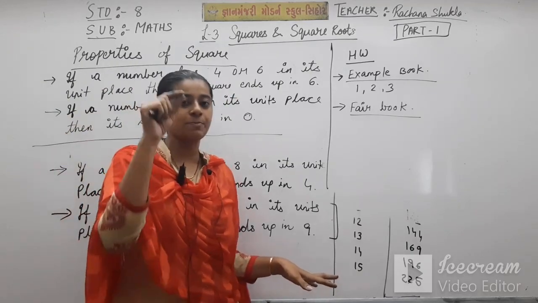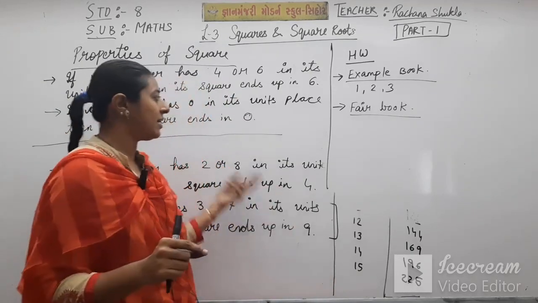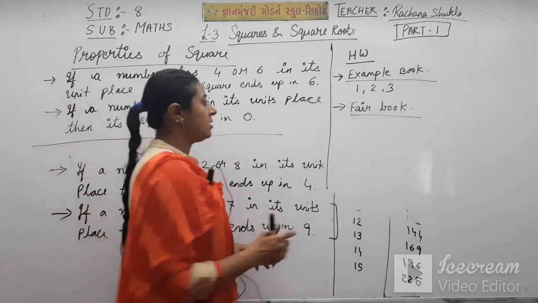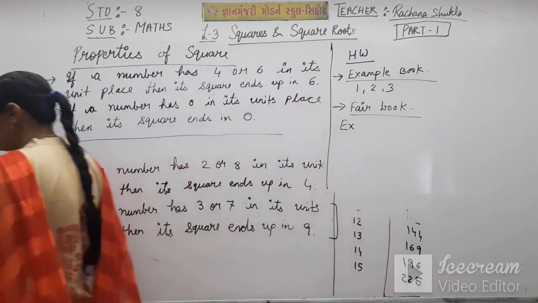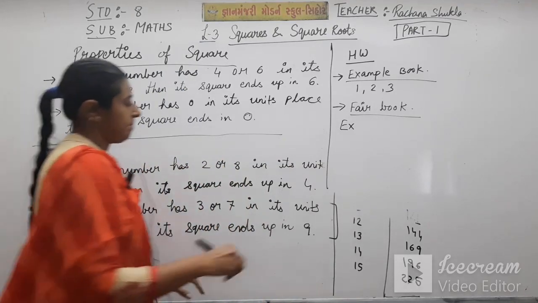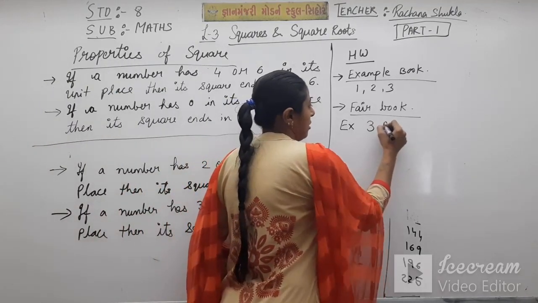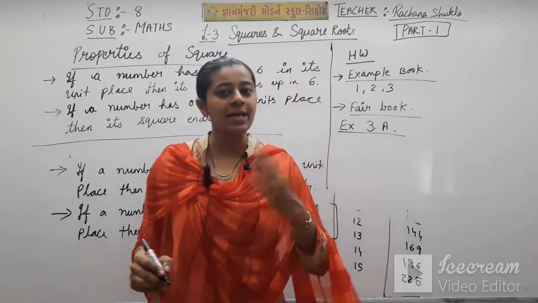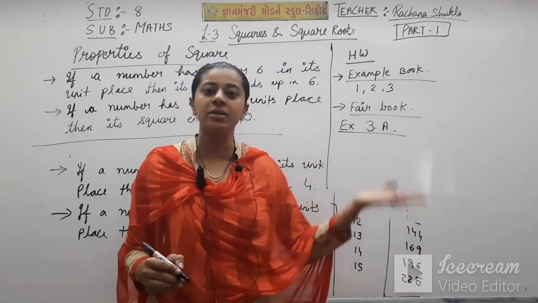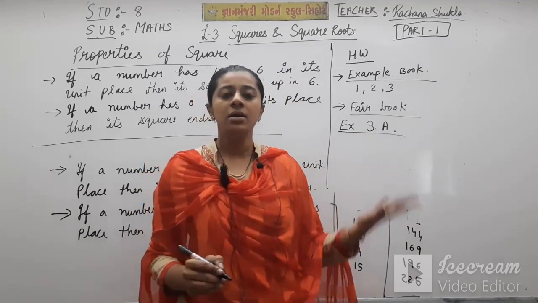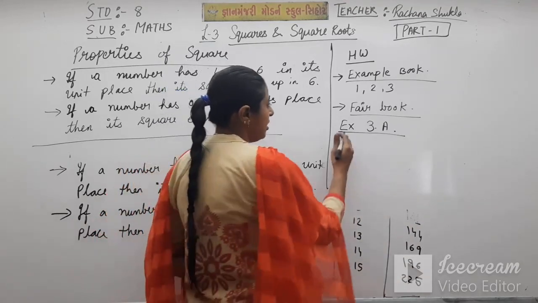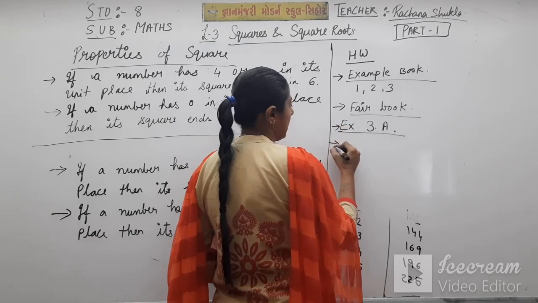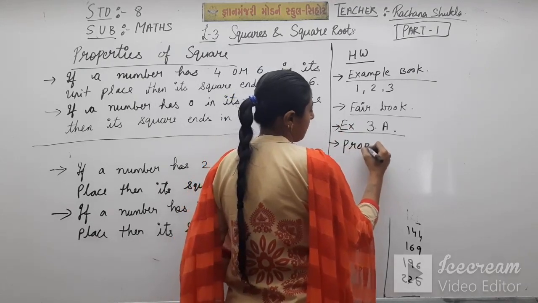Put the heading as properties of squares and then the 2 properties, and then you will solve exercise 3a. First you solve exercise 3a, and after solving exercise 3a, write down the properties. So it will be a continuation.